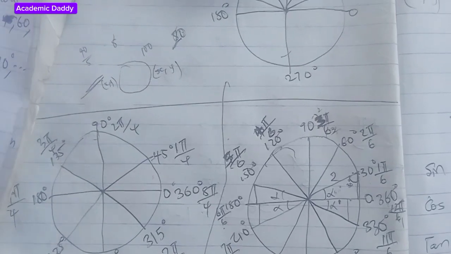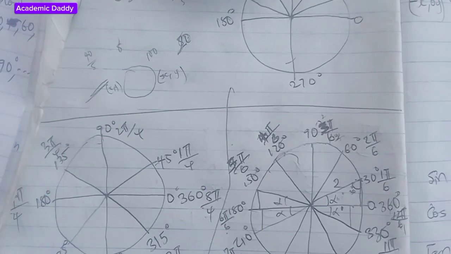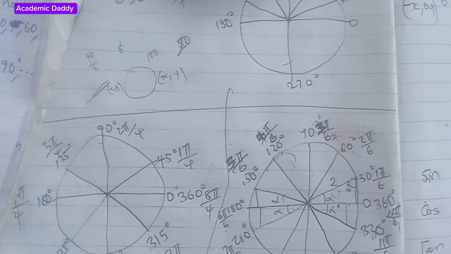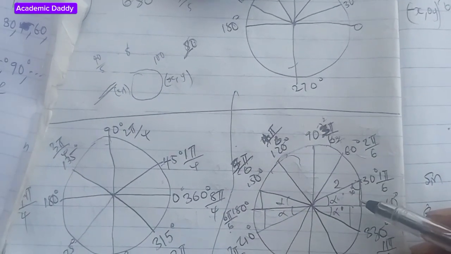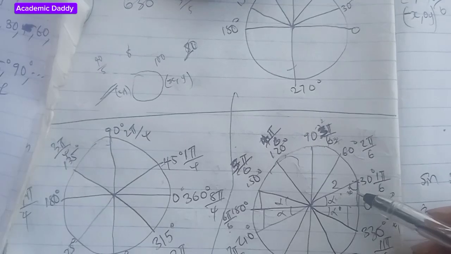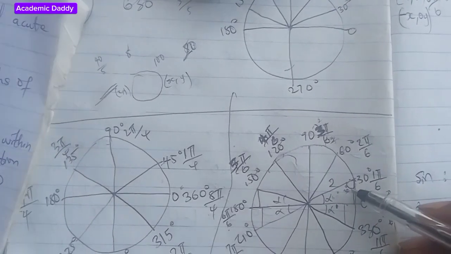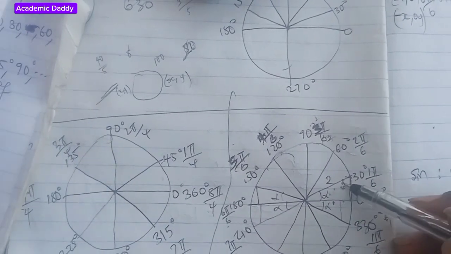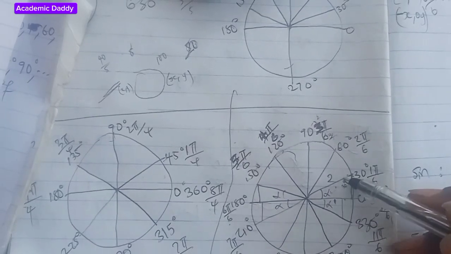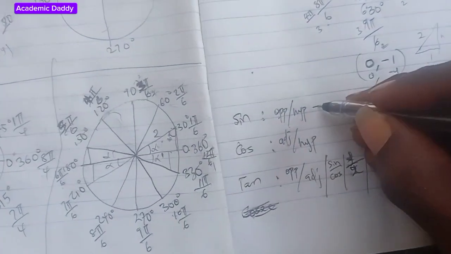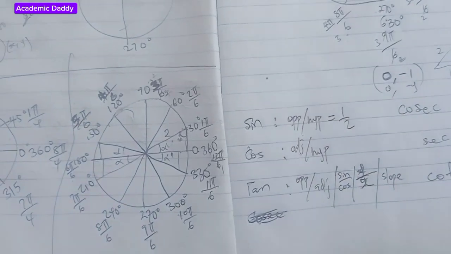So if I know this, it simply means that if I'm applying it now, looking at this, the opposite of this is 1, the hypotenuse is 2, so this is going to be 1 over 2.